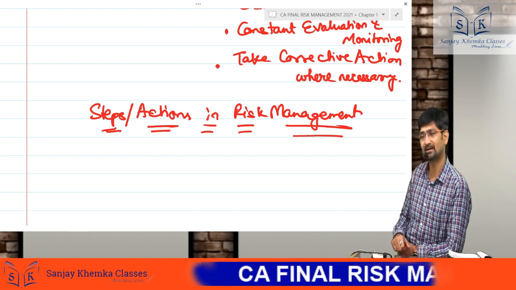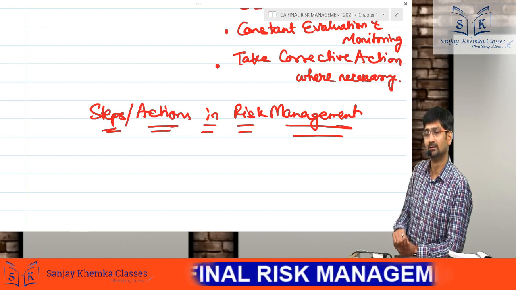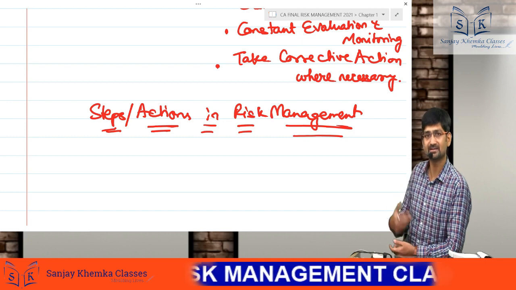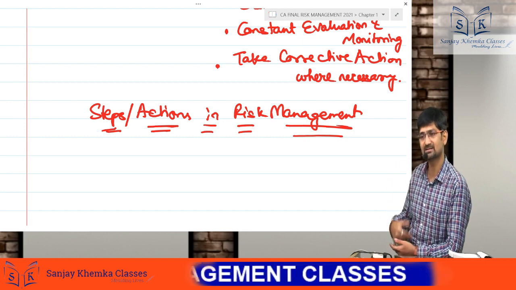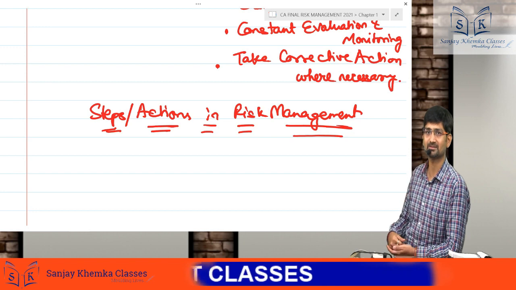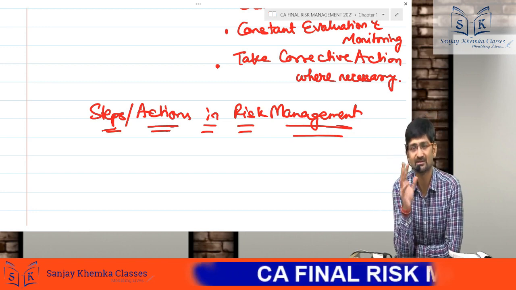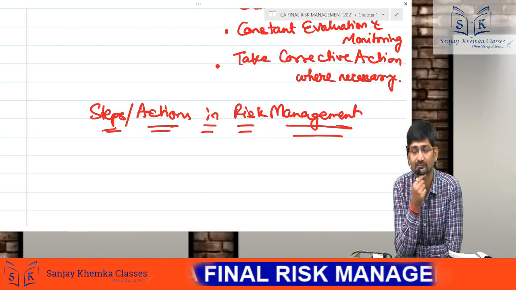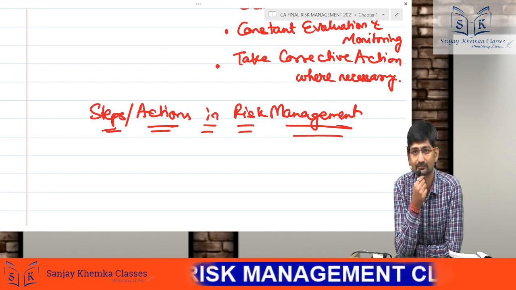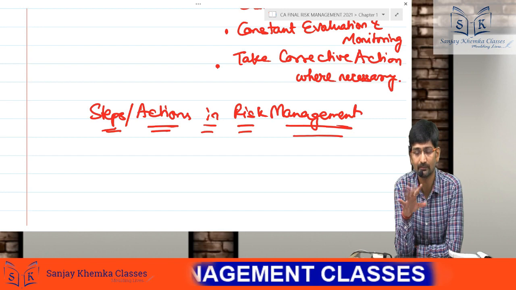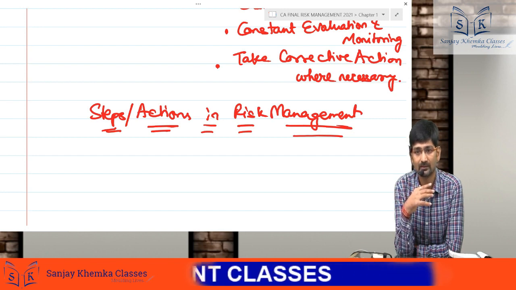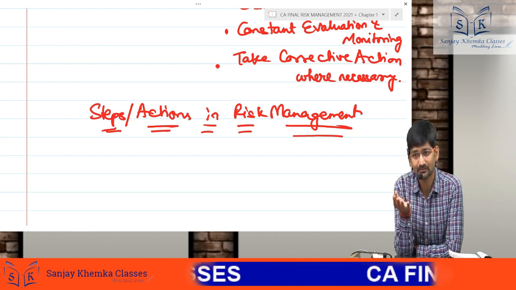Ideally, every person, every business is exposed to various kinds of risks. If I start with personal lives, you will have various risks in your life. God forbid, we would never want, but we may not be able to clear the exams.